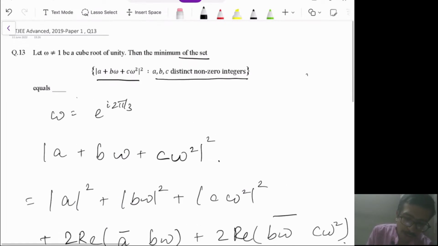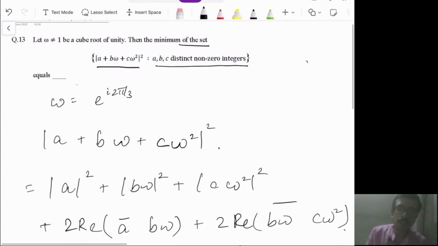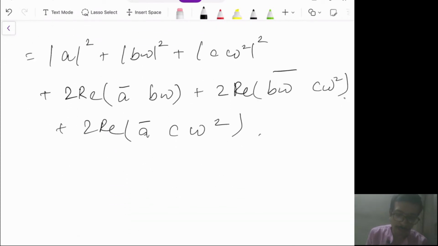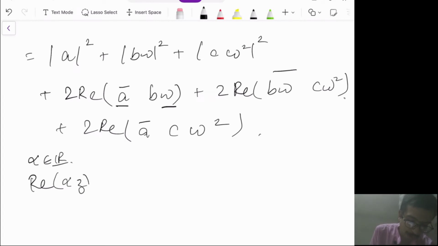Now a, b, c are all integers, so their conjugates are also the respective values a, b, c. And you can also use this identity that if alpha is real, then the real part of alpha times z, where z in general can be complex, is alpha times the real part of z. So this identity we'll have to use.